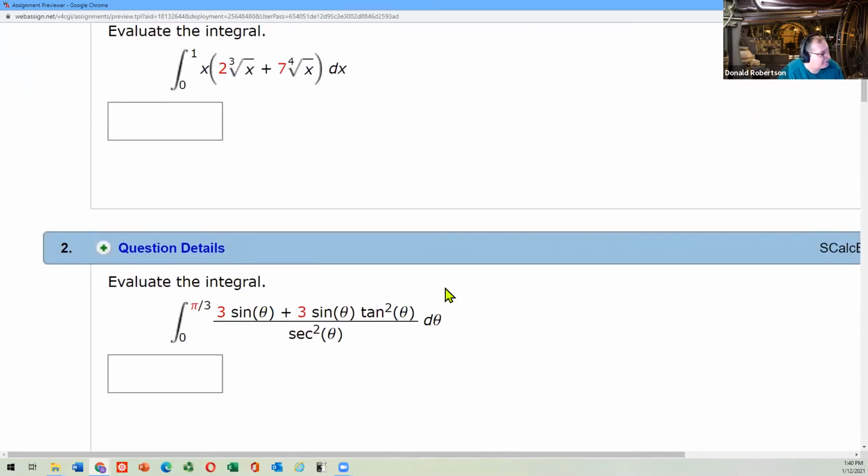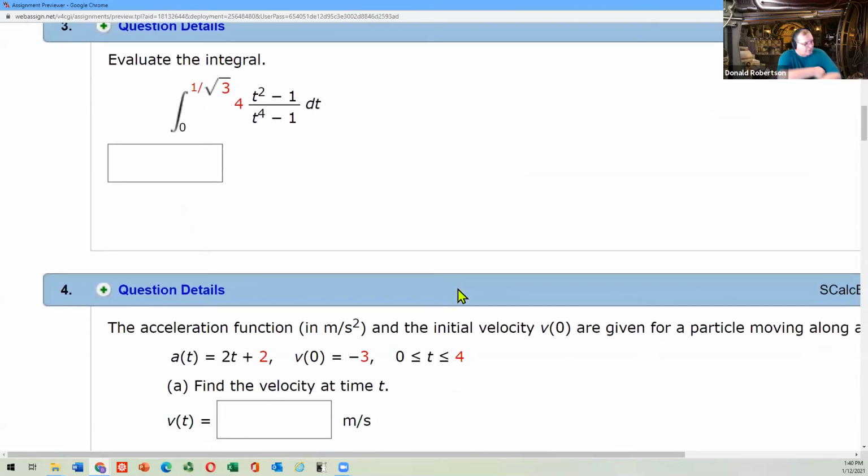Technically, these are not indefinite integrals, but it doesn't change the question. Last chance. Anybody got an inkling what on earth that's going to be like?